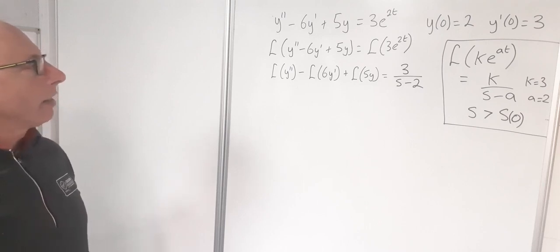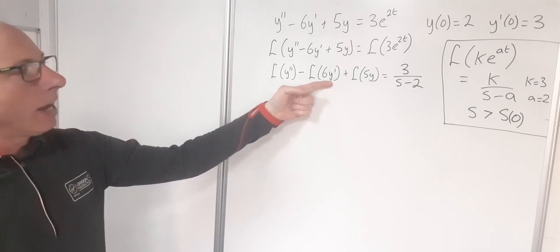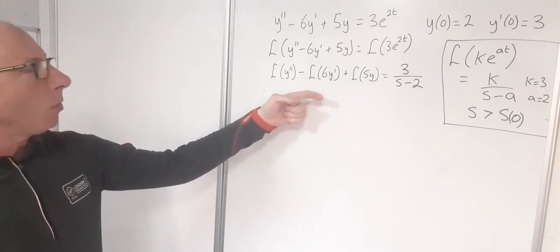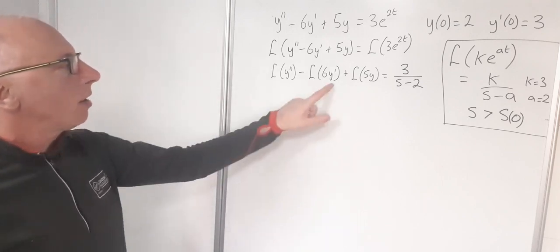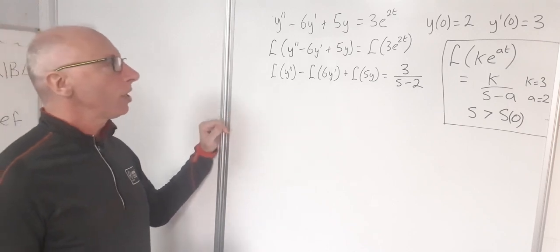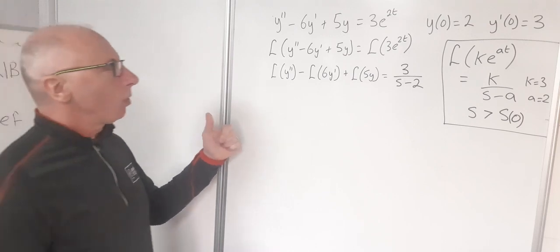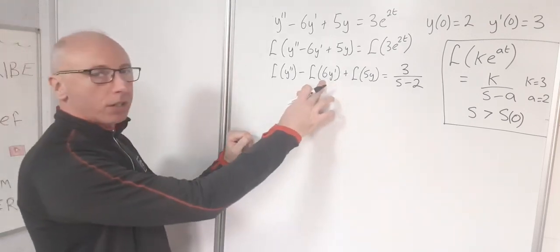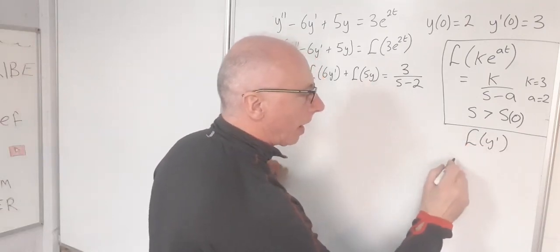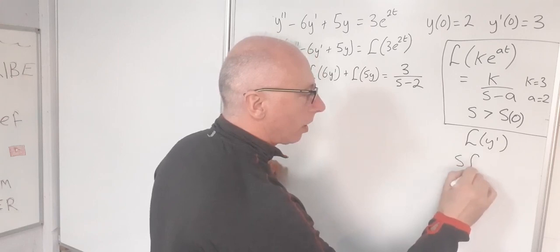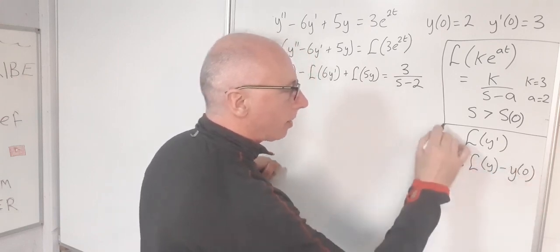Okay, right. Now I need to know what my Laplace transforms are for my second derivative and my first derivative. Now we worked these out in a couple of previous videos. So I've left the link in the description below on how we work those out. They're worth a look. There's some interesting integration going on with those two functions. So, okay, so Laplace of y prime, so we forget this constant, we can take that out. So the Laplace of the first derivative, that will give me s times the Laplace of y minus the value at 0.